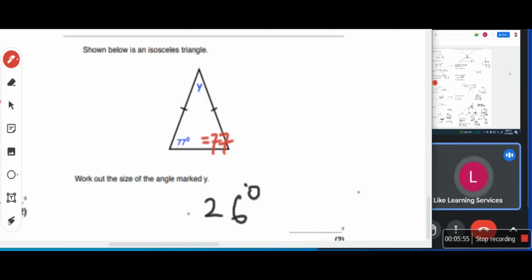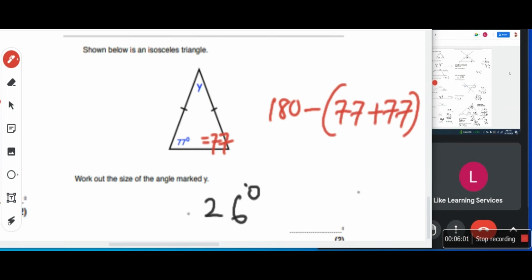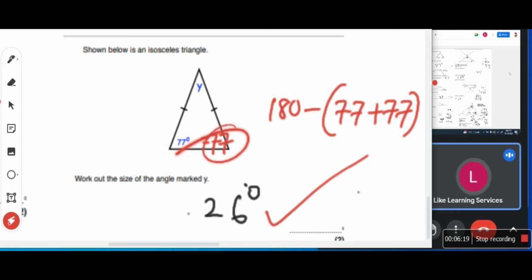So I think what you did was 180 minus, you added 77 and 77. 77 plus 77 should be 154. 180 minus 154, okay, that should be 20. That's correct. Because the whole thing is 180. This sign means it's isosceles, so these base angles are equal. This plus this must give you 180. So 180 minus the two added together. Okay.